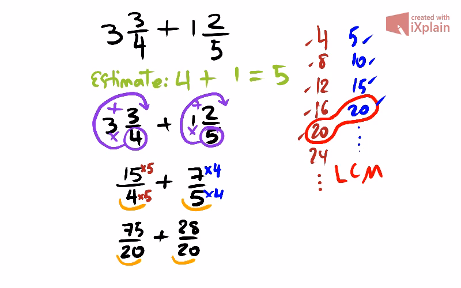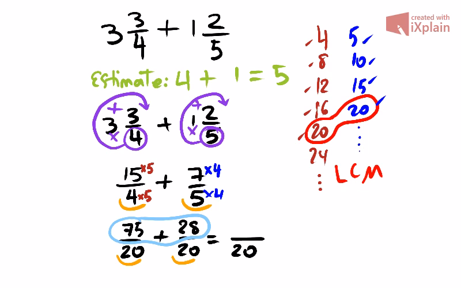That's what we need when we are adding or subtracting fractions, because now we are talking in 20ths, size 20th for each of those parts that we have in each whole of the fractions. So we are going to keep that 20 because we're talking in 20ths, and we are just going to add the tops because we have 75 of those plus another 28 of those.